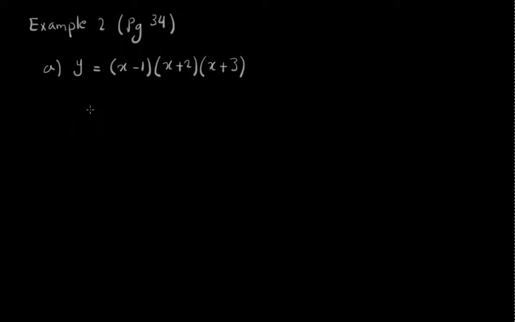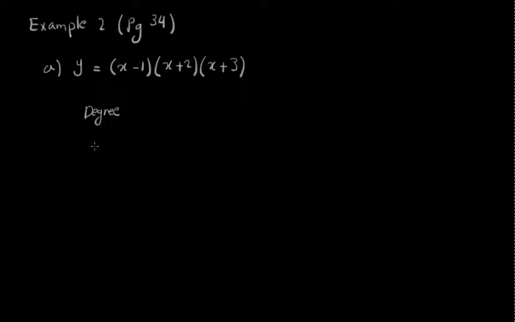So in order to sketch the graph, first we're gonna find the degree of this function. We have an x here, another one here, and a third one here, so the degree is 3. Let me write this down here.